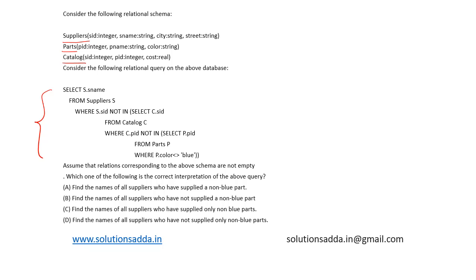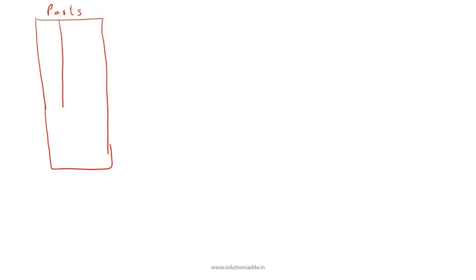So let's try to solve this question. Now consider the following table. This is the parts table. We have 3 columns and some rows. So let's write the values in it.